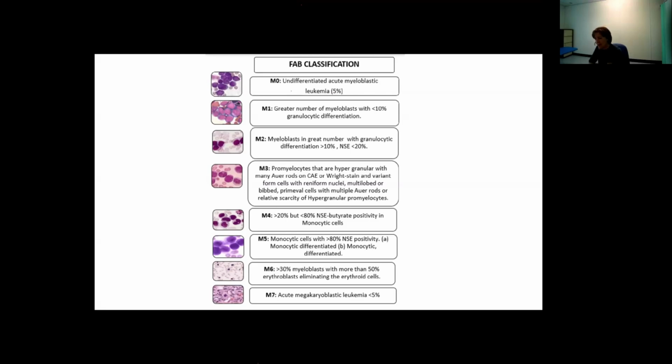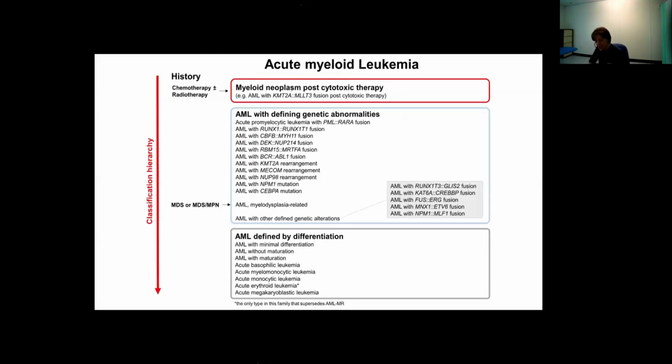But of course, now the classification of leukemia has changed quite considerably, and it is mainly around the genetic abnormalities that you will find. And the important thing is that if you have had a previous exposure to cytotoxic chemotherapy, then you have your own category of leukemia, and that's important because it's treated differently.